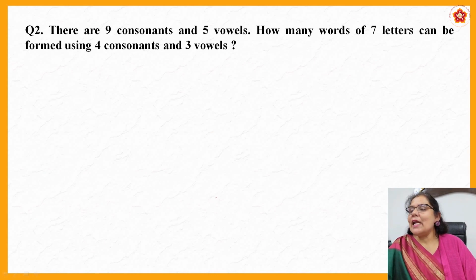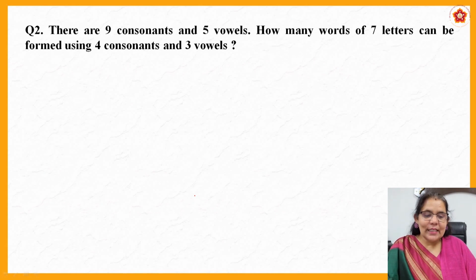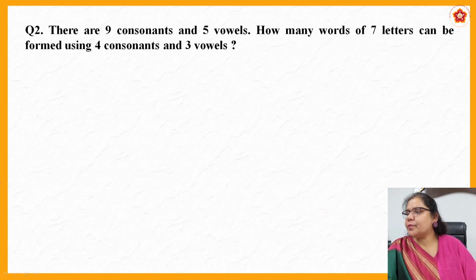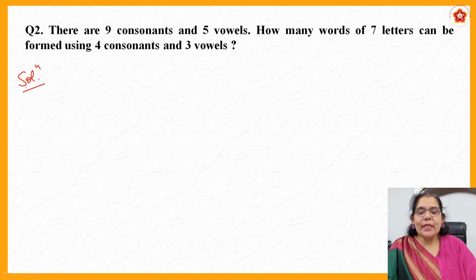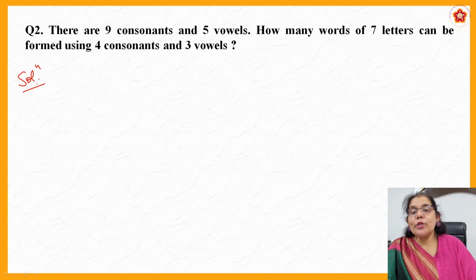Question number 2 is, there are 9 consonants and 5 vowels. How many words of 7 letters can be formed using 4 consonants and 3 vowels? If you had understood the first question, now it would be easier to grab this one. You see 9 consonants are there and 5 vowels. So first we have to see how many consonants have to be chosen.